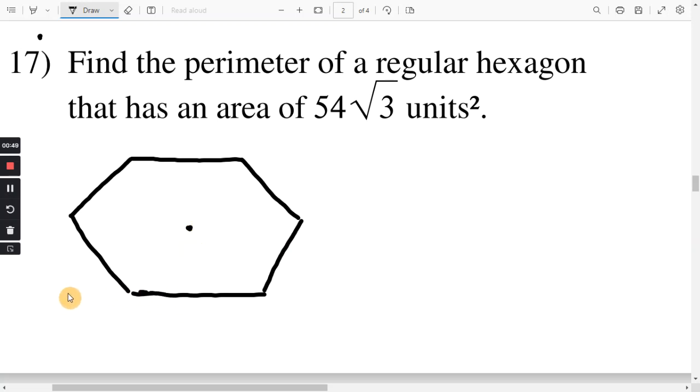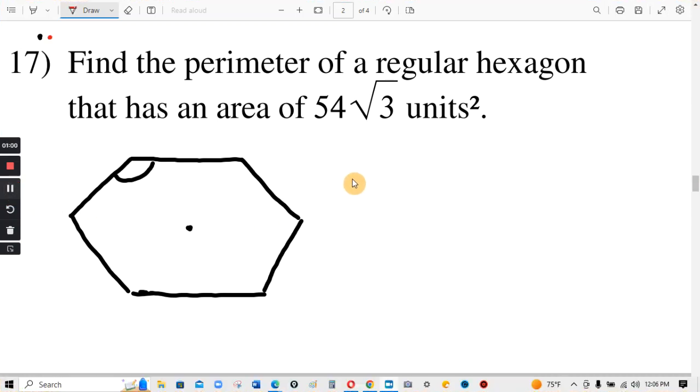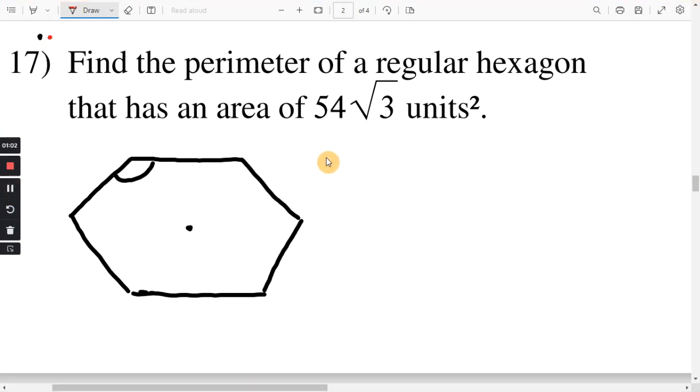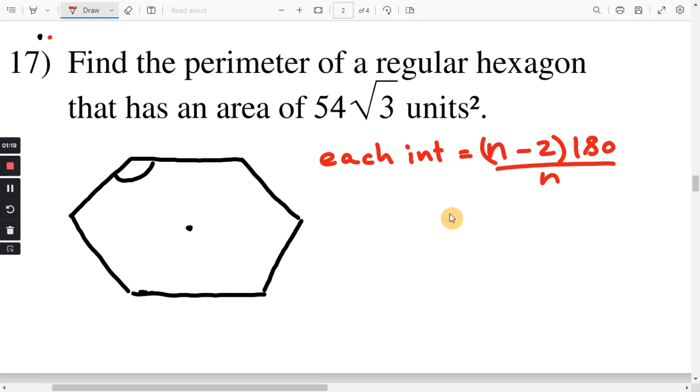All right, so we can easily find the measure of each interior angle. Each interior angle, as we've been doing, is going to be n minus 2 times 180 divided by n.